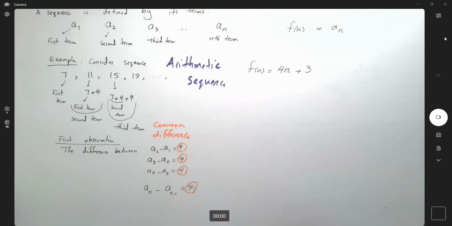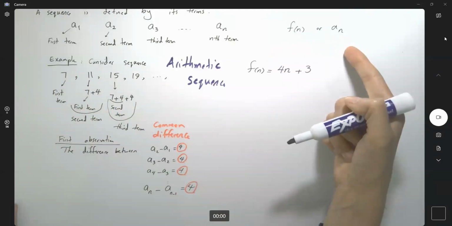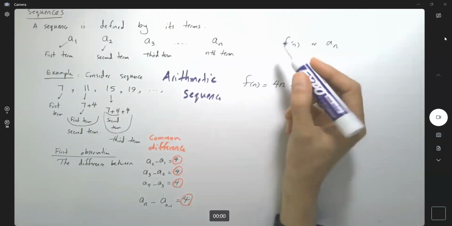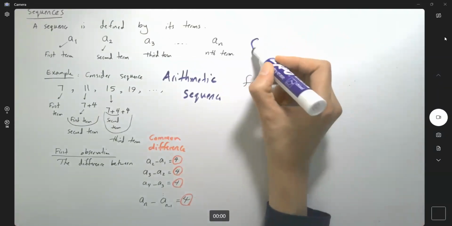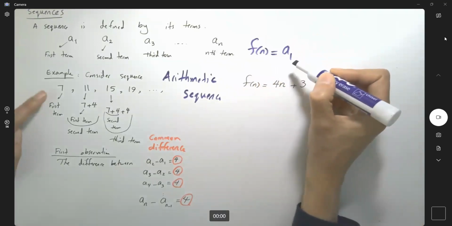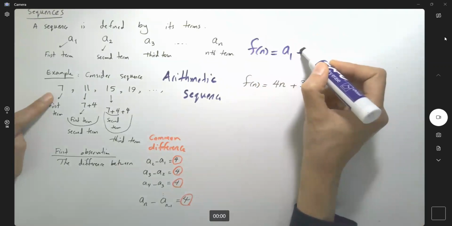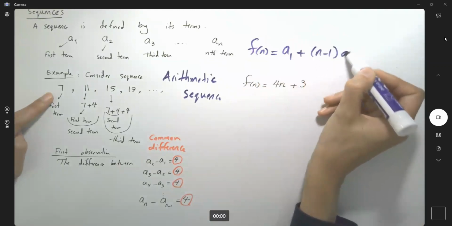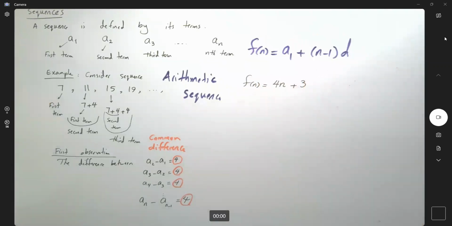In general, if you have an arithmetic sequence, the general term can be written as f of n equals a sub 1, the very first term that you have, plus n minus 1 times d.